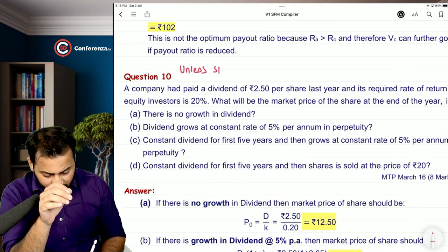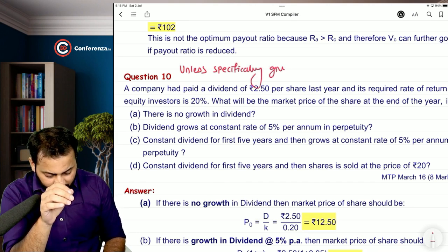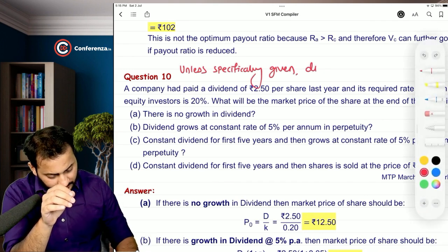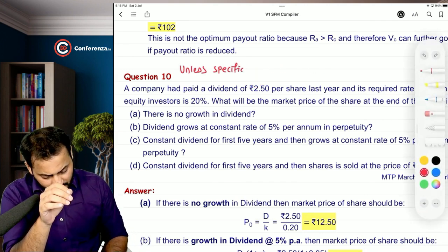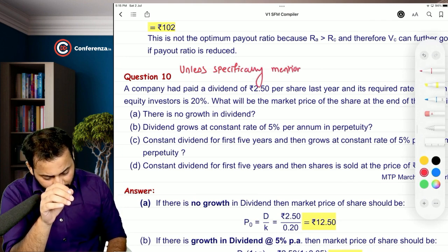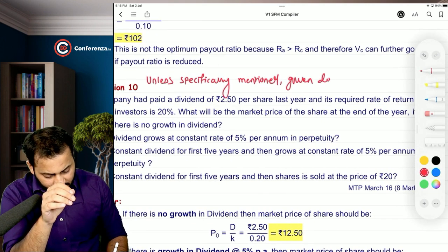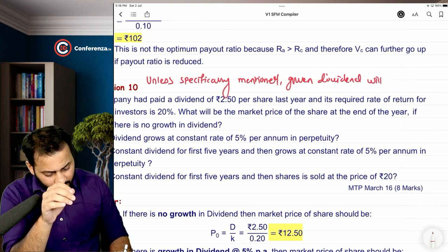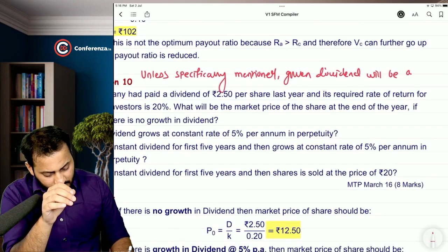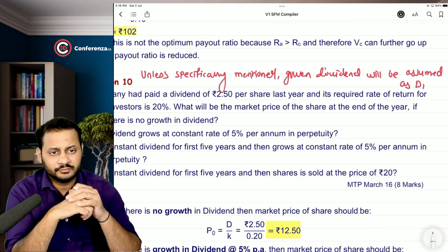Unless specifically given or mentioned, the given dividend will be assumed as D1.